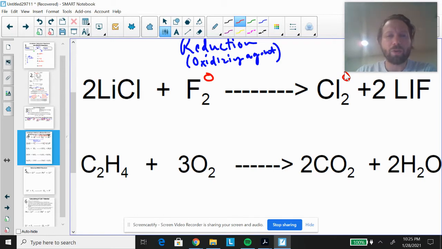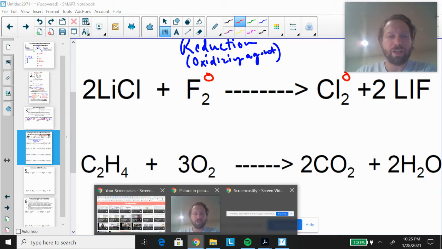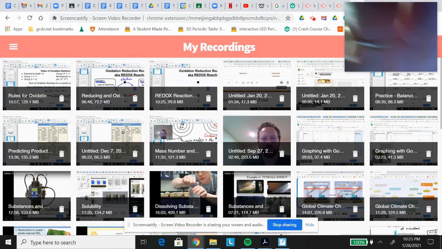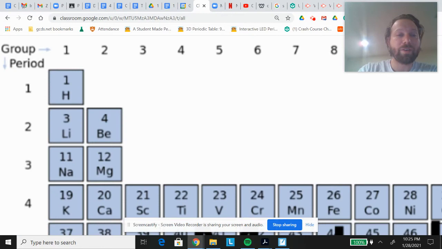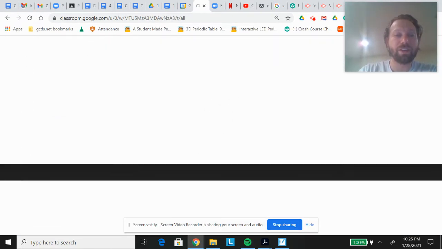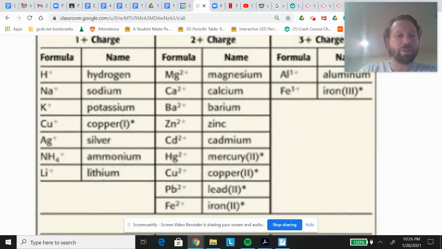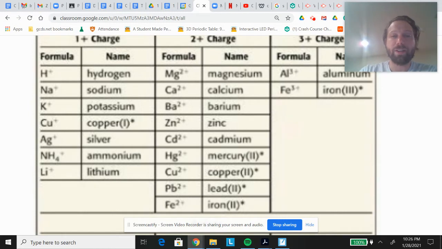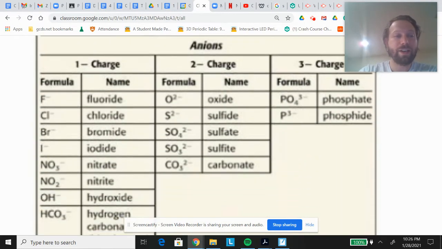So going back over to the common ions chart, if you haven't looked at your common ions chart, then you should. Lithium is a +1 ion, and chlorine is a -1 ion, and fluorine is also a -1 ion.